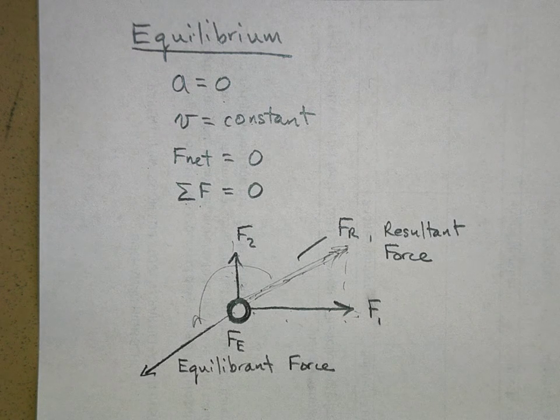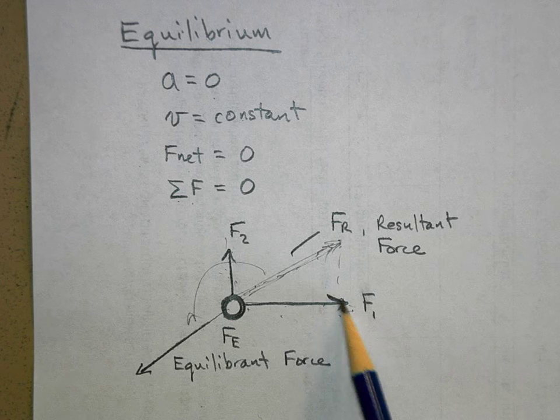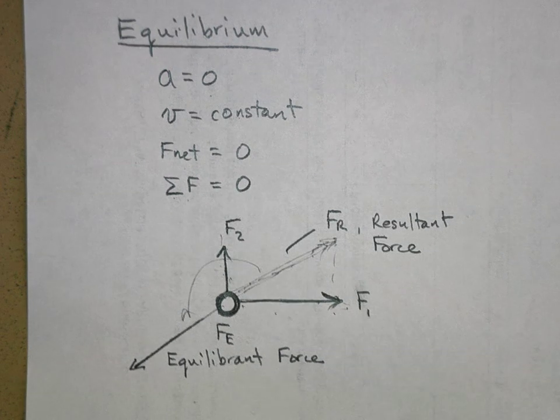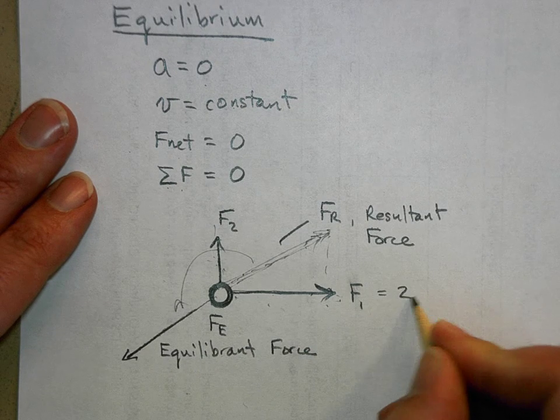Well, let's talk about this problem right here. What if I gave you these two forces? In fact, let's turn this into an example. What if this was equal to 20 newtons?